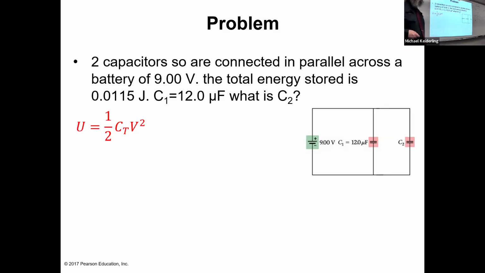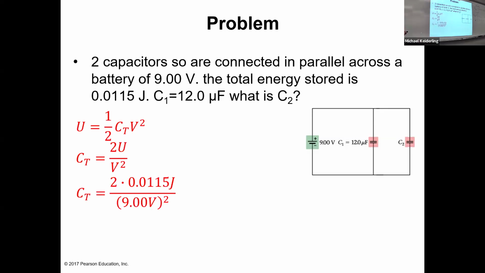So for this, 1/2 capacitance total times voltage squared is the energy. So the capacitance total is twice the energy over the voltage squared. So 2 times 0.0115 joules over 9 volts squared. Our total capacitance is 284 microfarads.